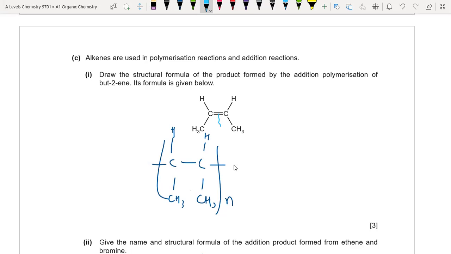A long chain of these monomers will form polymers.